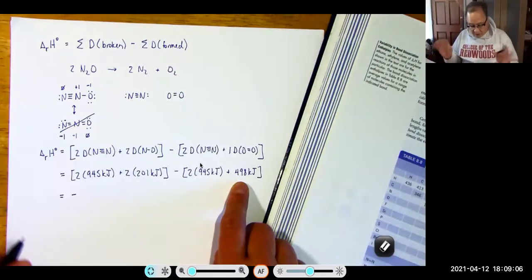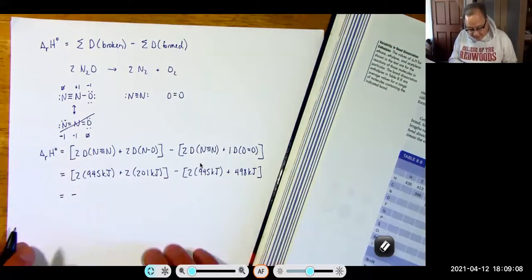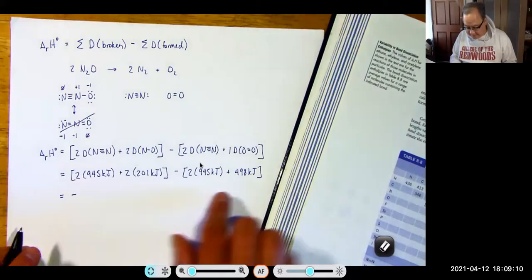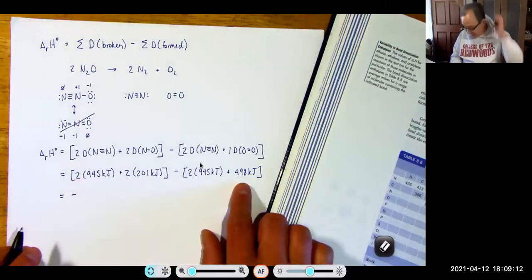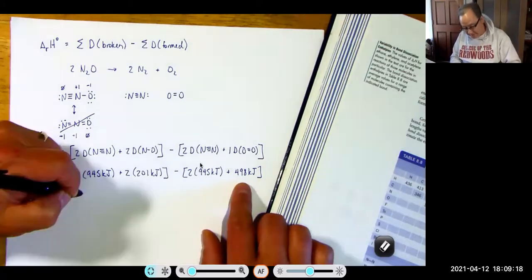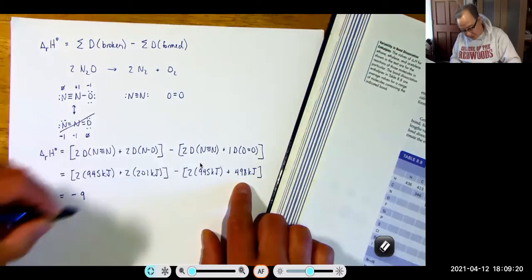And when we do all the work, it's going to be negative 96 kilojoules.